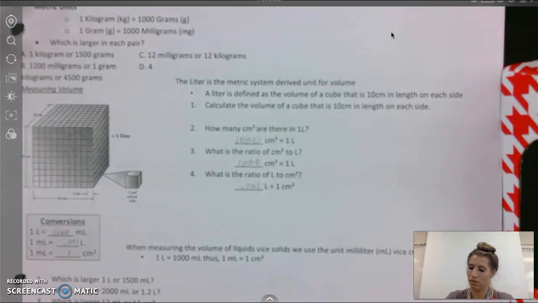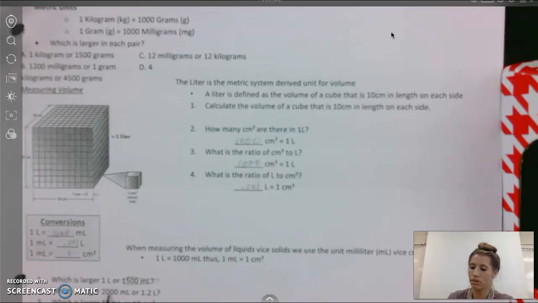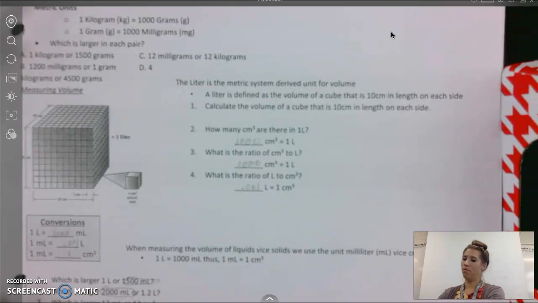So 1 liter or 1,500 milliliters? 1 liter is 1,000 milliliters, so this one's larger. 2,000 milliliters or 1.2 liters? 2,000 milliliters is the same as 2 liters, so that one's greater. 12 milliliters or 12 cubic centimeters? A milliliter is the same as a cubic centimeter, so those are equivalent. One's not larger than the other.